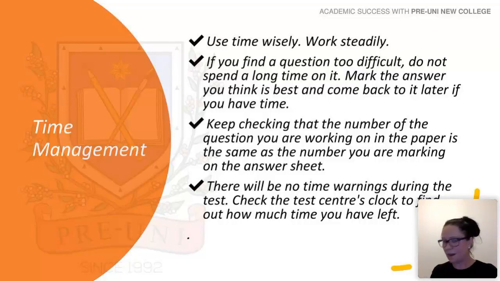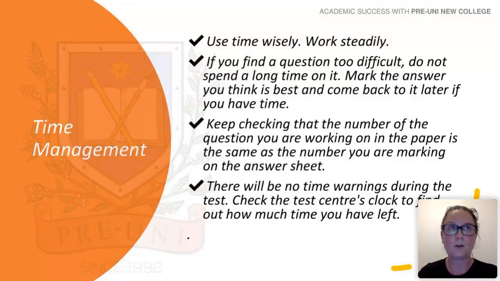Lastly, about time management, there are no time warnings. So, at school, the teacher will often indicate to you, there's 10 minutes left, or there's 5 minutes to go. Now you should edit your work or begin this section now. There's none of that in the OC or the selective tests.